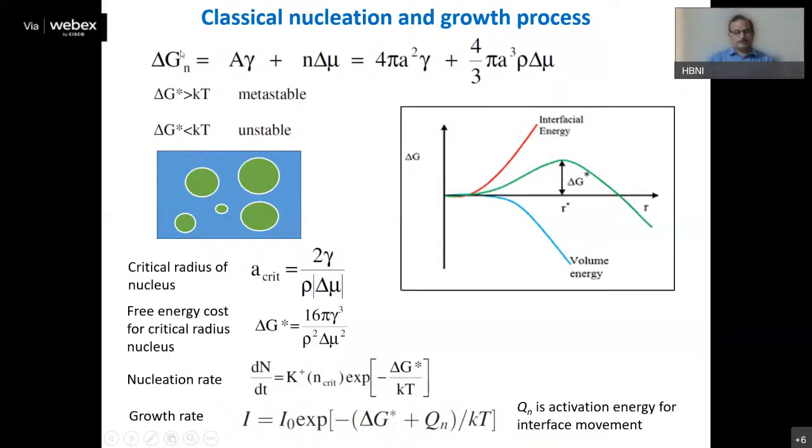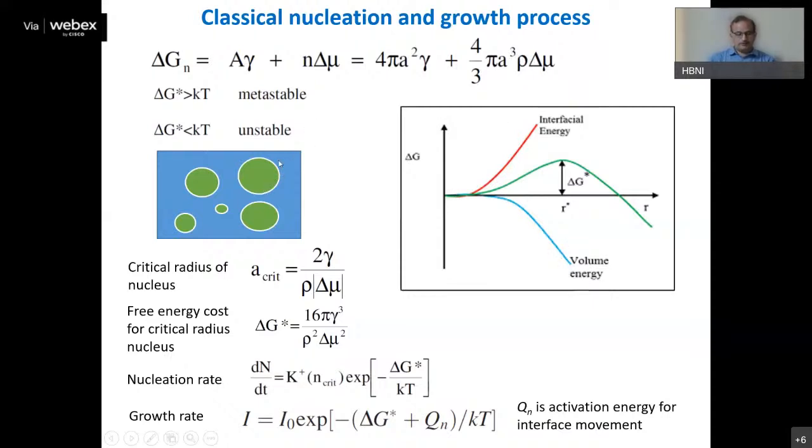If we consider the free energy change because of the formation of this nucleus, it can have two parts. One is the surface part and the other is the volume part. Of course, because the second phase is now the stable phase and the first phase is the metastable phase, any region which is transformed to the second phase will reduce the free energy. So this volume part should have a negative contribution.